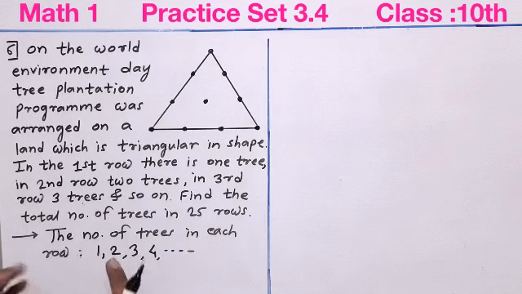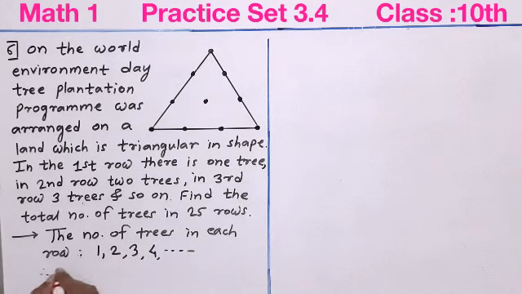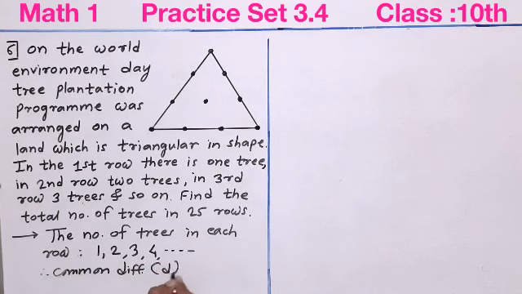So you can see the consecutive rows have 1 tree more. There is a common difference of 1. So we can write here common difference between the terms, that is d, is equal to 1, with first term a also equal to 1.